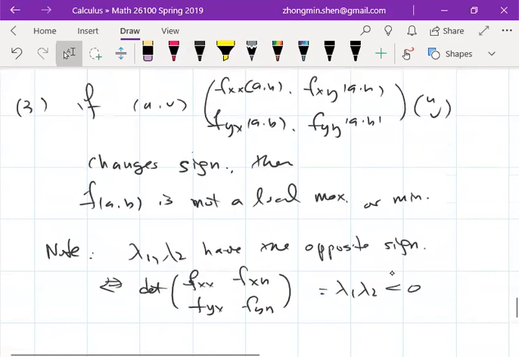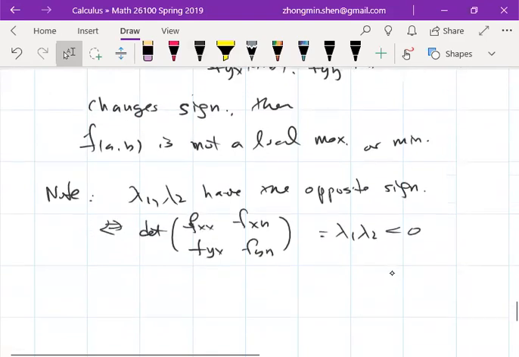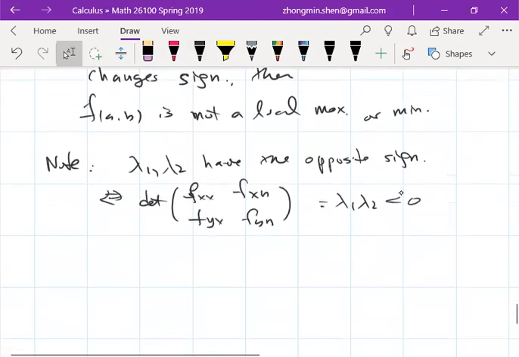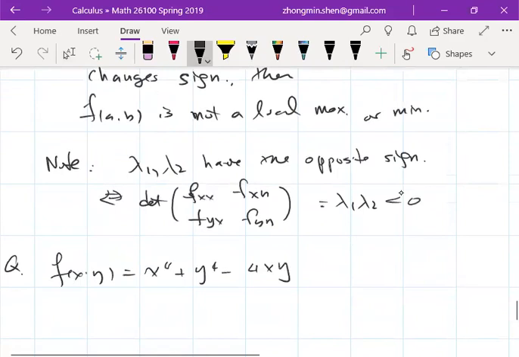If that quadratic function does not have a local maximum or minimum value, then the original function does not either. Using this theorem, we can easily check whether a function has a local maximum or minimum value. I'm going to consider the following function: x to the fourth plus y to the fourth minus 4xy.